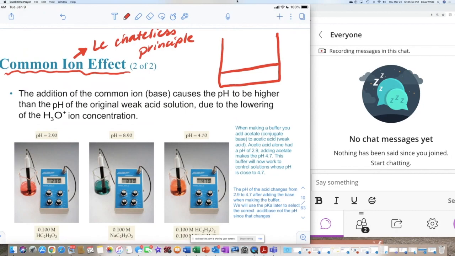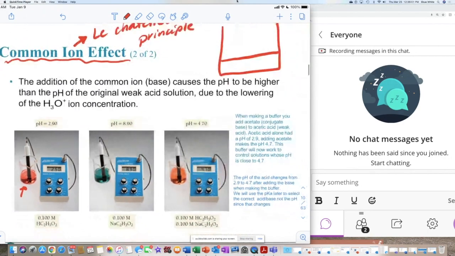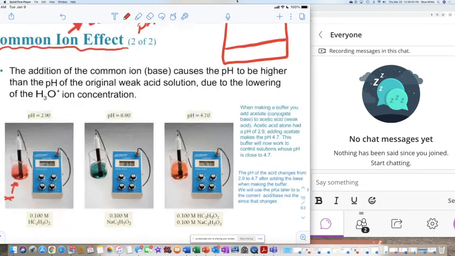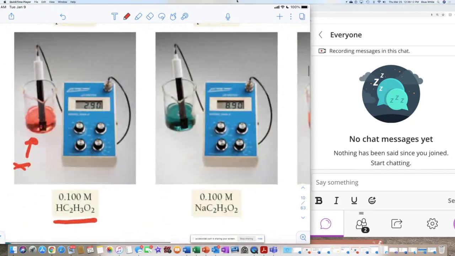So let's go back to the part of the story where we are making a buffer. This container here shows us making a buffer. We're in the lab, and what we have here is an acid only. How do I know that we have an acid only? Because of this label right here. All we have in the container is the acid, 0.100 molar.